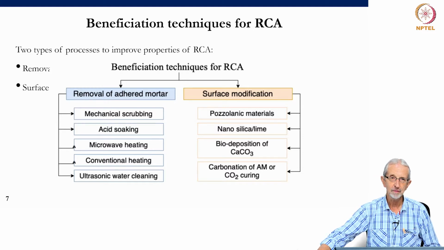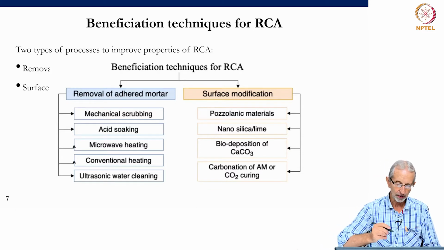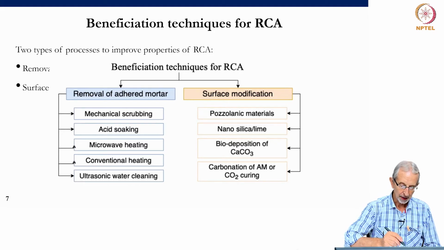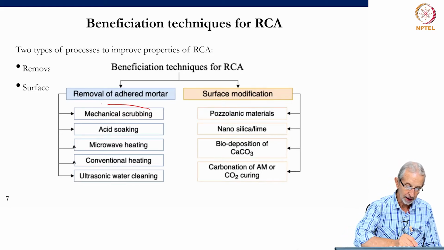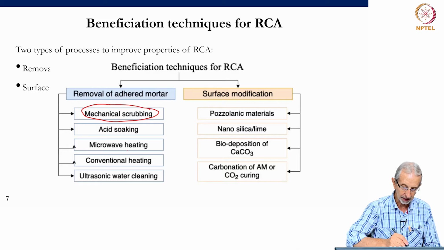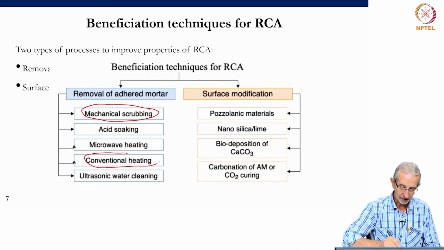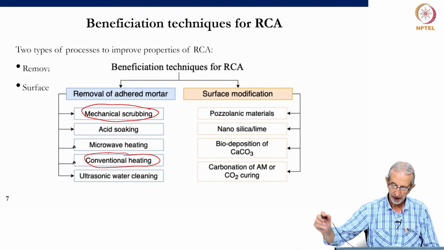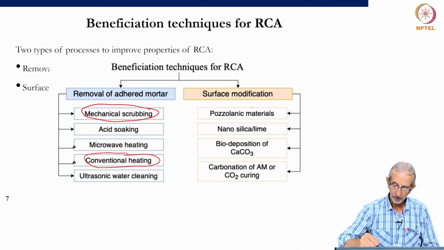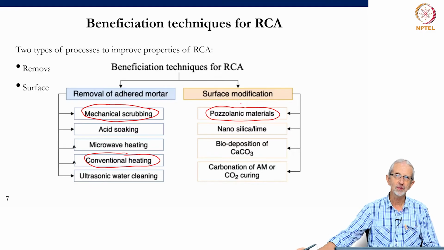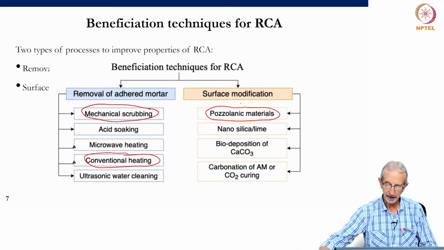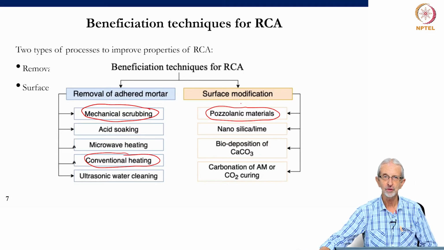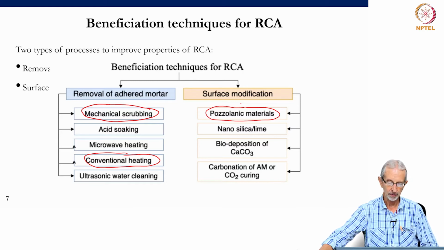So with these in mind, in terms of this program that we were doing, the IITM team were using a thermo-mechanical kind of scrubbing, a combination of temperature and abrasion, if you like. And the team from Cape Town were using the addition of SCMs, typically fly ash or slag, and see what could be done in that way. So we decided to work in these two different streams and see what we got.